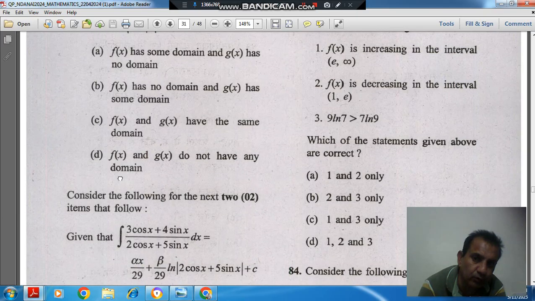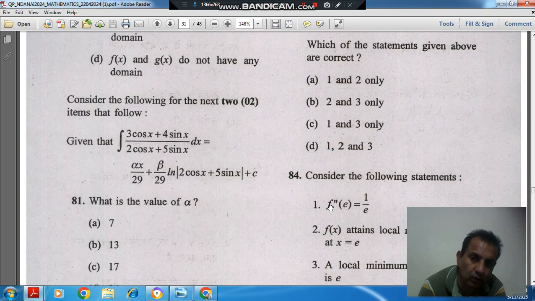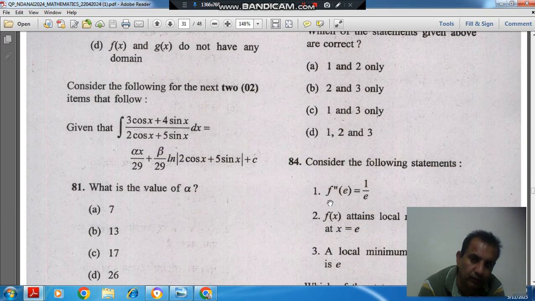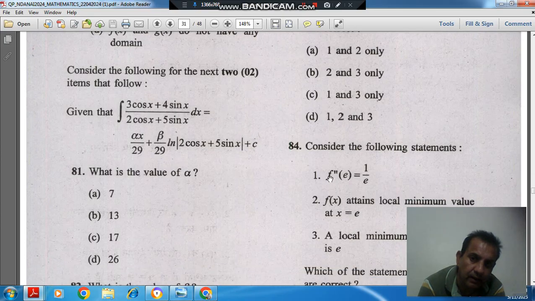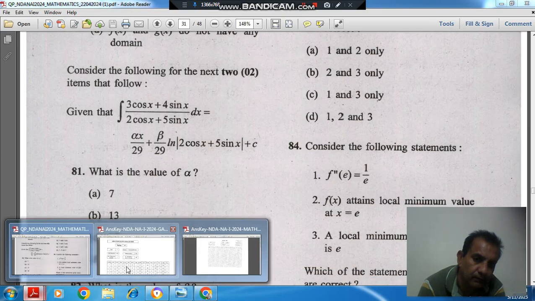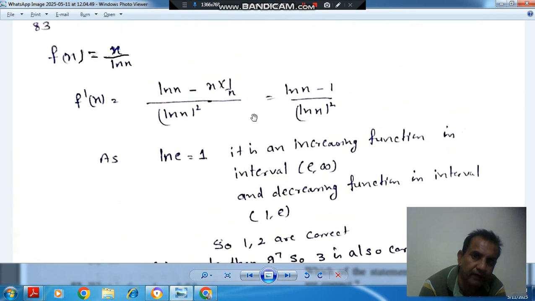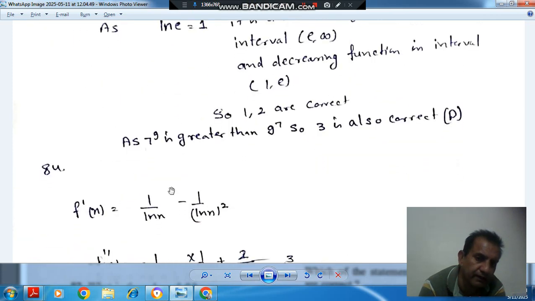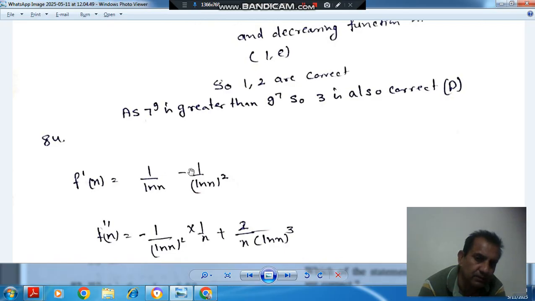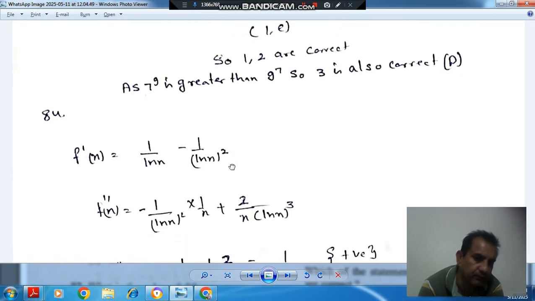Now checking the 84th question. According to statement 1, we have to find out f double dash e is equal to 1 by e. Here we have f dash x as ln x minus 1 divided by ln x whole square, or we can write it as 1 by ln x minus 1 by ln x whole square.